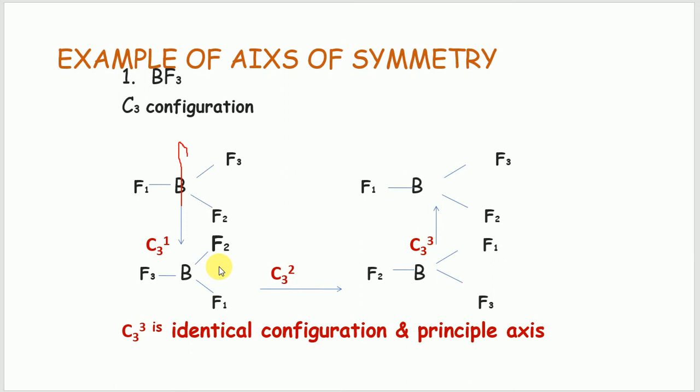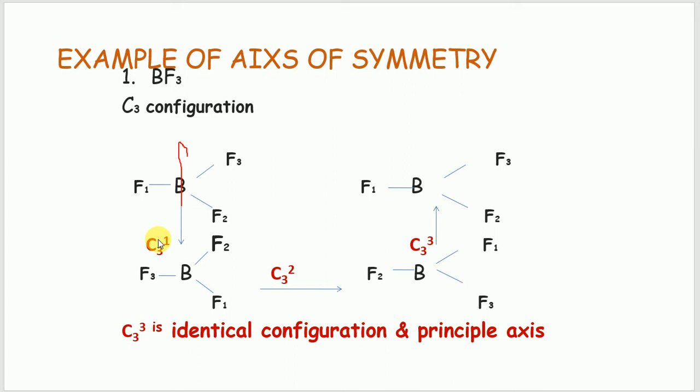Therefore, it is an indistinguishable configuration, and we can say this axis is an element of symmetry, or axis of symmetry, or n-fold axis of symmetry. As a 120 degree rotation results in an indistinguishable configuration, it is a C3 axis.